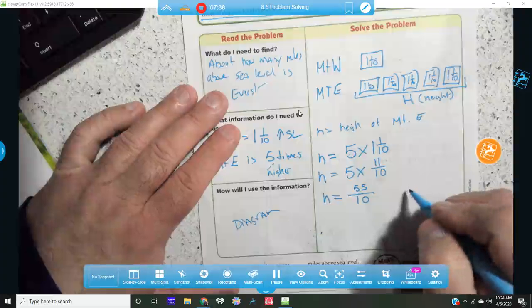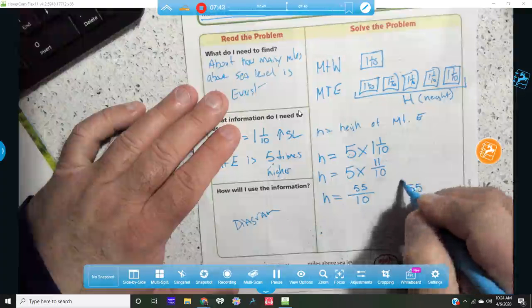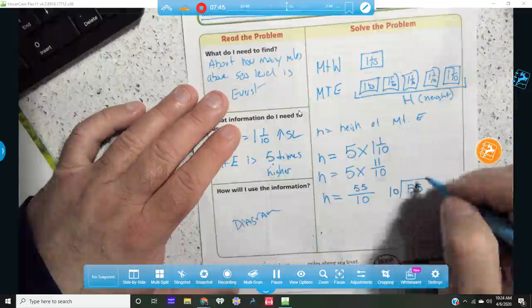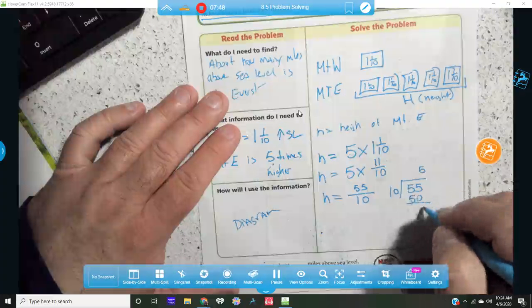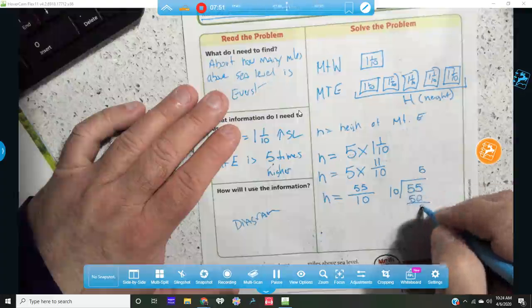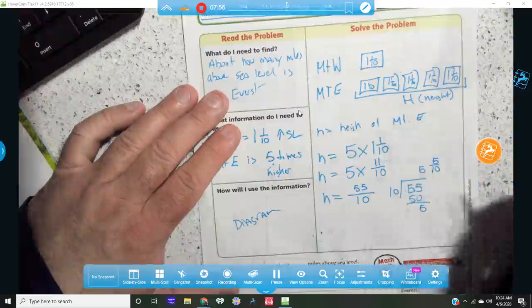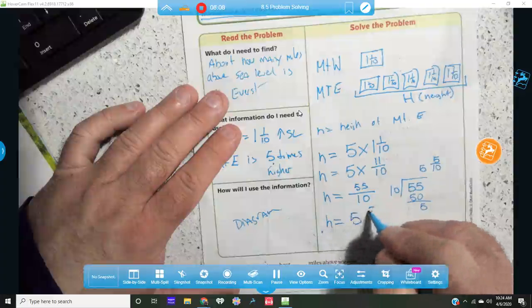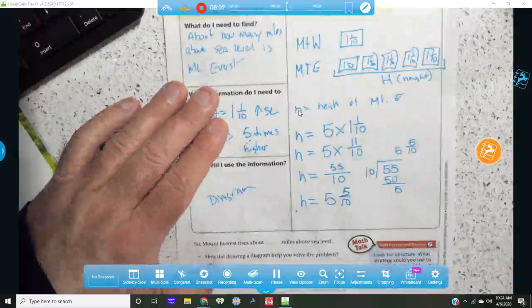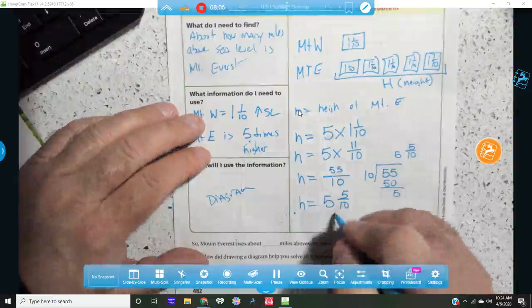55 divided by 10, well, that's easy. 5 times 10 is 50, and I have 5 left over. So my height is 5 5/10, and I'm sure some of you are saying, but wait, we can simplify that one.